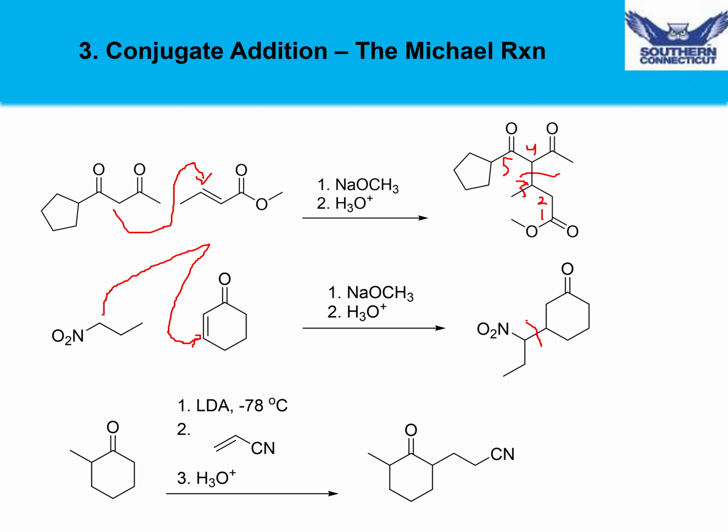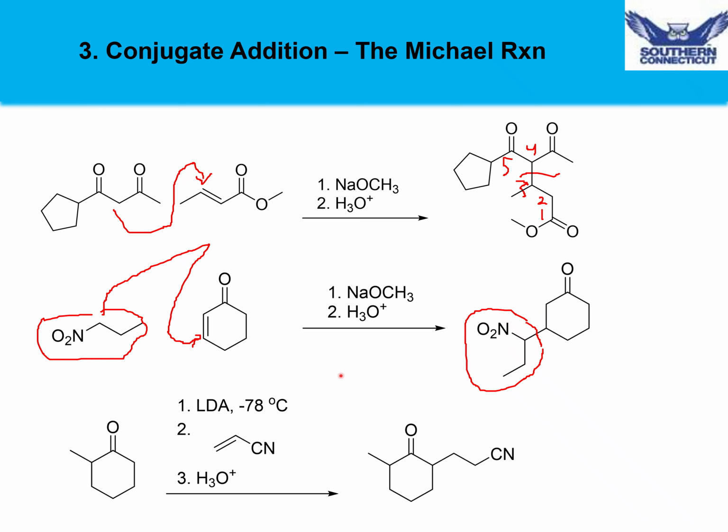So notice this is the same structure that we started with here, and it's adding to the beta carbon of the alpha beta unsaturated ketone. So at this position, the double bond will shift over to the alpha carbon, put in a lone pair there, which then gets protonated by acid, and so that's why we don't see anything else in the product at that position.